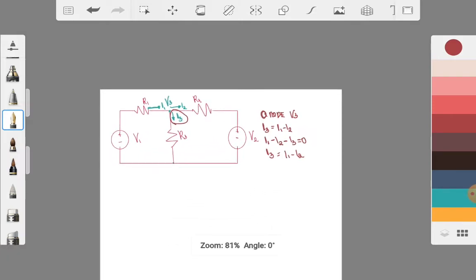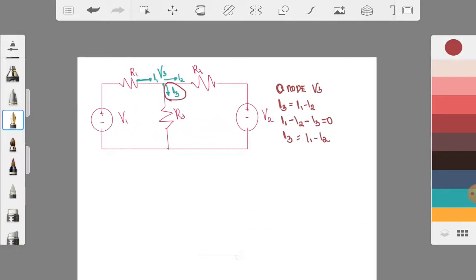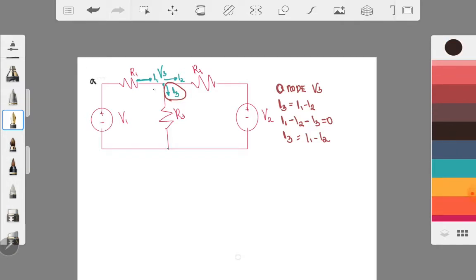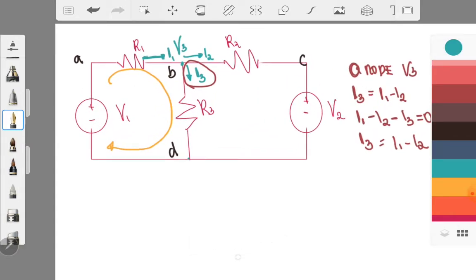Next step is to use our KVL. Let's say loop A, B, C, D, A. This is our KVL at loop 1.